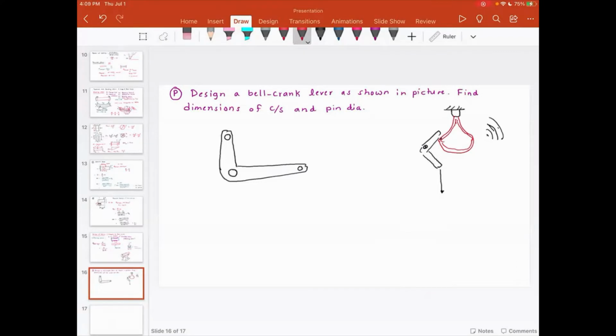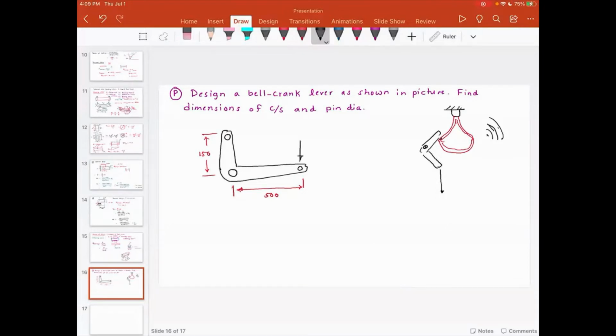Now, if you look at the dimensions of this bell crank lever, this dimension is 500 millimeters. This dimension is 150 millimeters. And the load here is 4.5 kilonewtons.